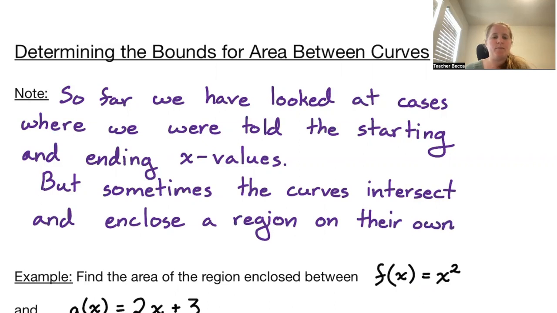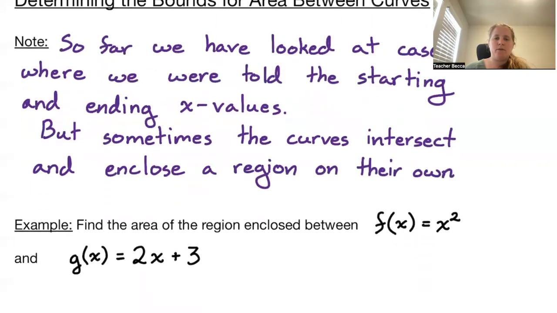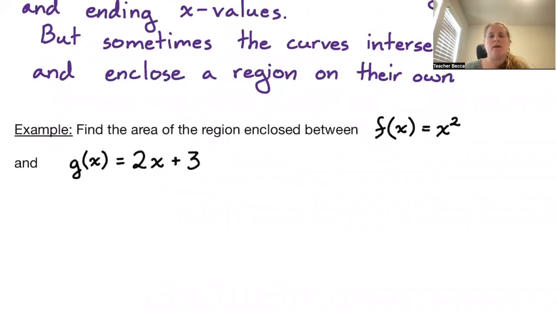So for example, let's find the area of the region enclosed between f of x equals x squared and g of x equals 2x plus 3.